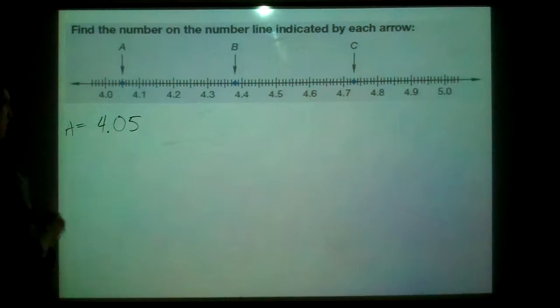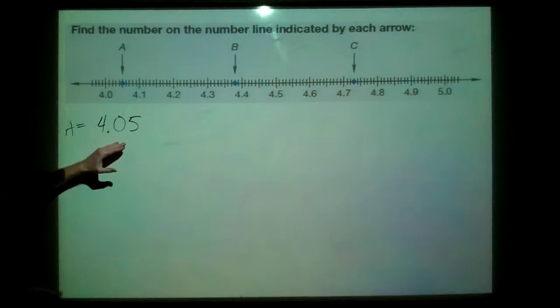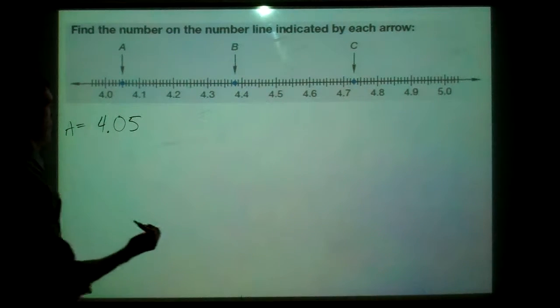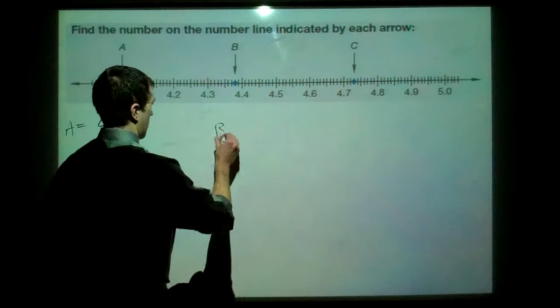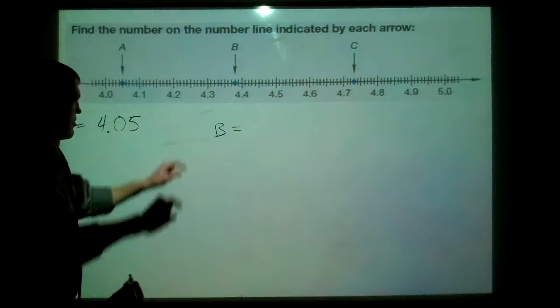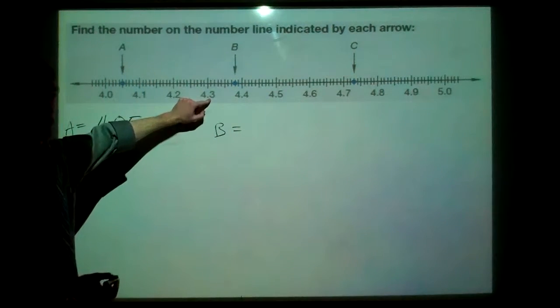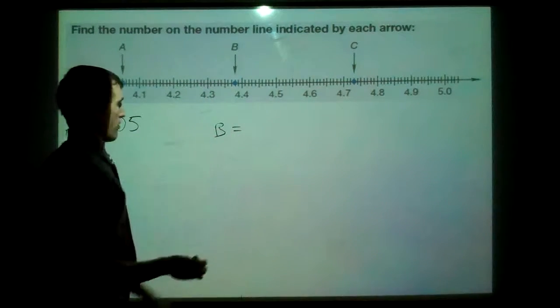That's A. I gotta check my time quick. Alright, we're getting real close there. But yes, 4.05, not 4.5. So let's look at B. Since we're talking in the hundredths place, I know it's at least 4.3, but less than 4.4.